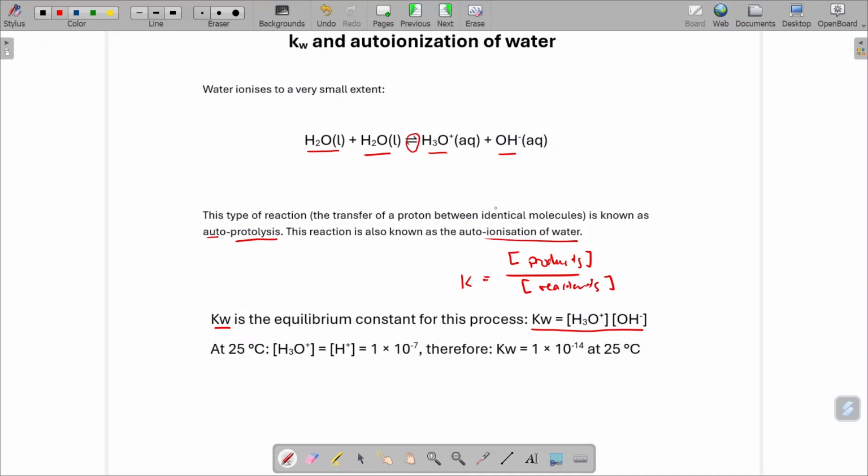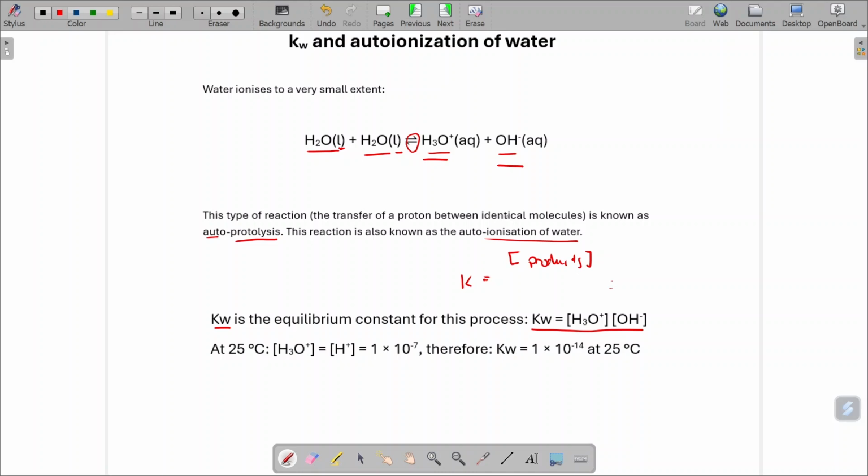And in this example, both of the reactants are in the liquid state, so we don't include their concentration in this reaction. So what we can say is that this is just the concentration of the products, and therefore it's the concentration of the hydronium multiplied by the concentration of the hydroxide.